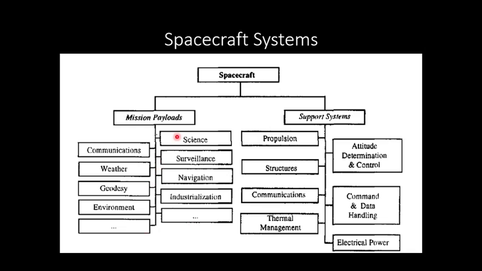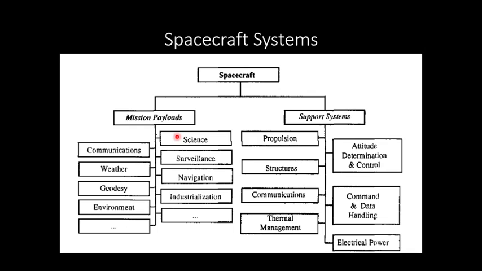Under that, first one is science. So this science is an intangible component of the mission payload, which says that without science it is not possible to proceed with the mission payloads.